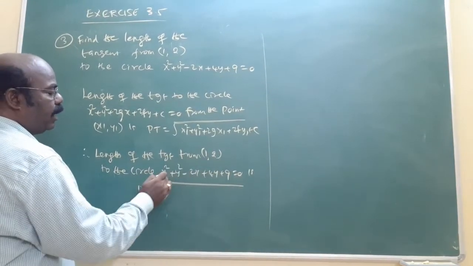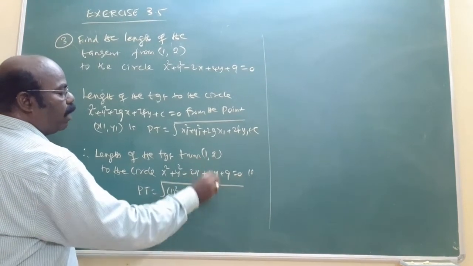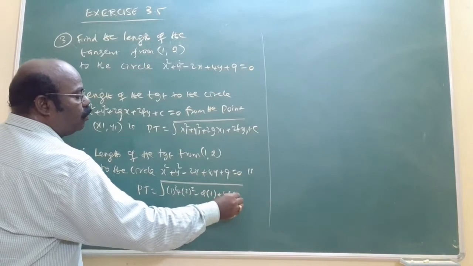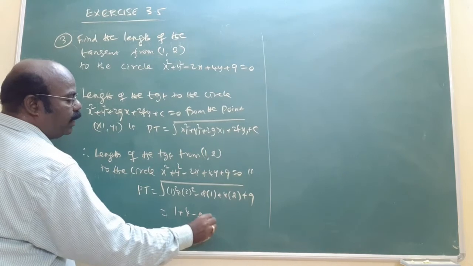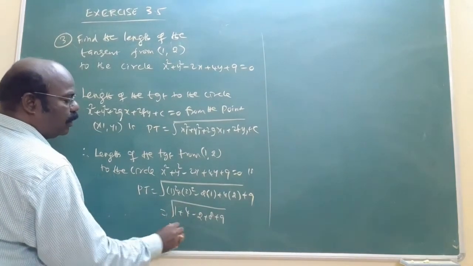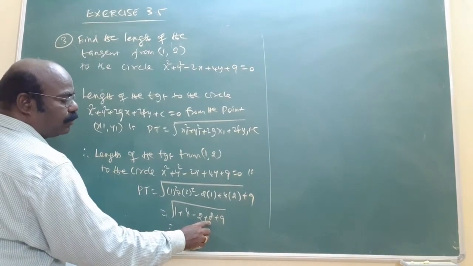Replace here: x is 1 square, 2 square, 2 into 1, 4 into 2 plus 9. Simplify: 1 plus 4 minus 2 plus 8 plus 9 gives 20.